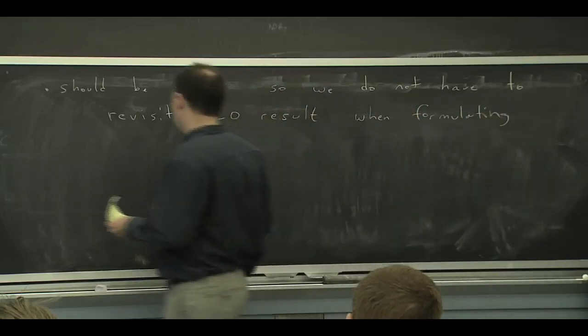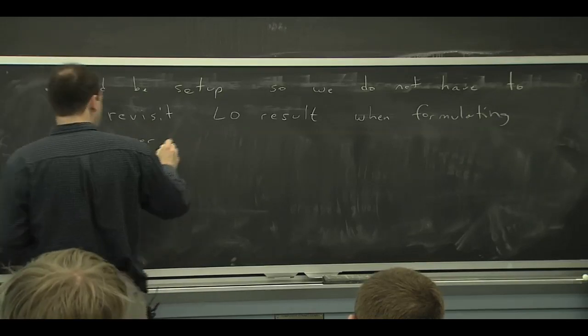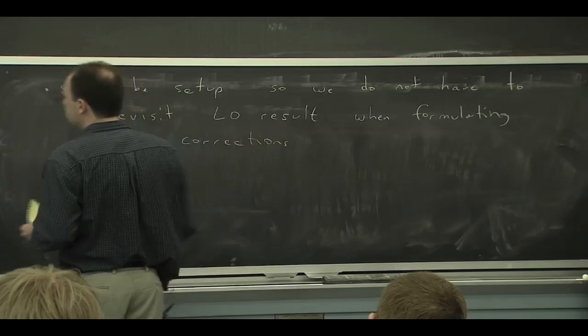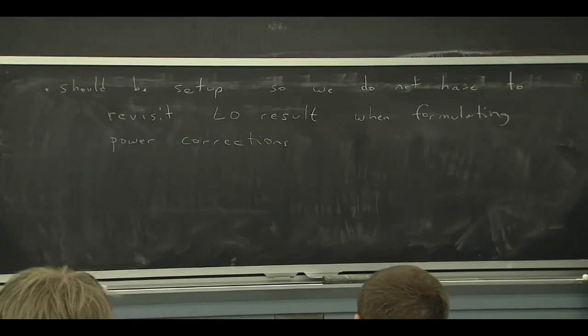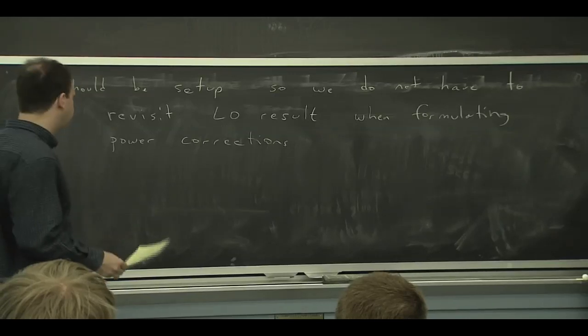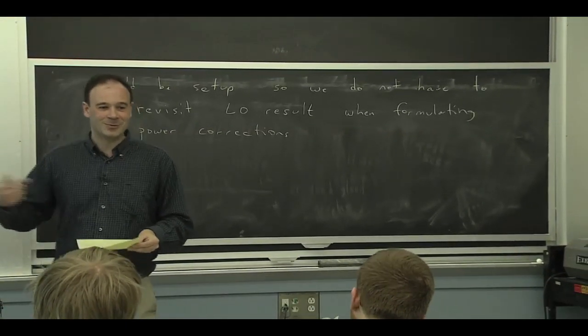We should think about the power corrections as well and how those interactions are going to behave. OK, so that's saying that we want to think about at least what these dots are going to look like, what this plus dot dot dot is going to look like. OK, so this is our goal, and we'll go through it slowly.